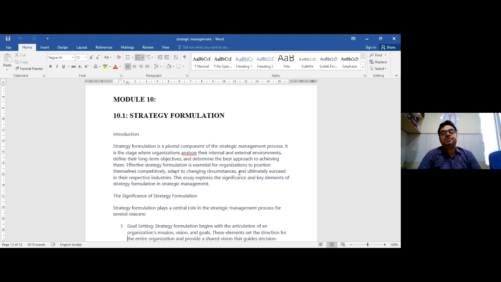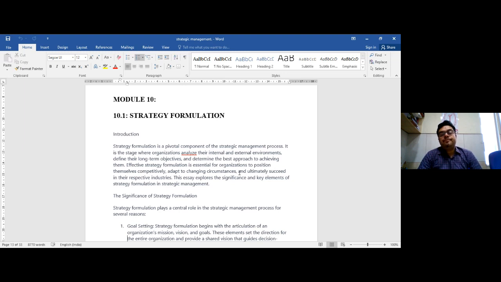Effective strategy formulation is essential for organizations ultimately to position themselves competitively and adapt to the changing circumstances and ultimately succeed in their respective industries.